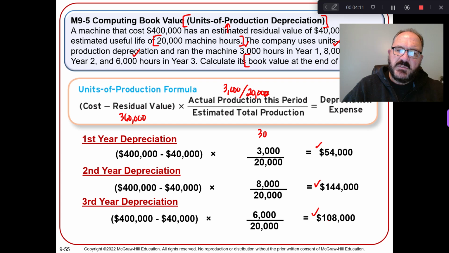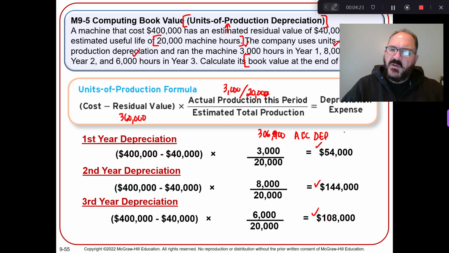So we got 306,000 in accumulated depreciation. So book value will be 400,000 minus the 306. So it would be $94,000.